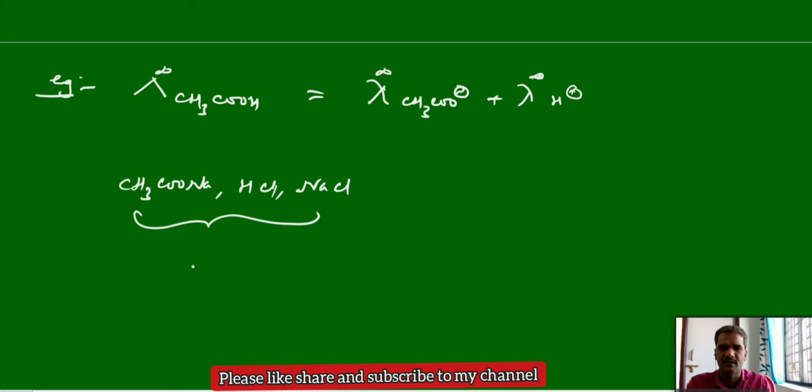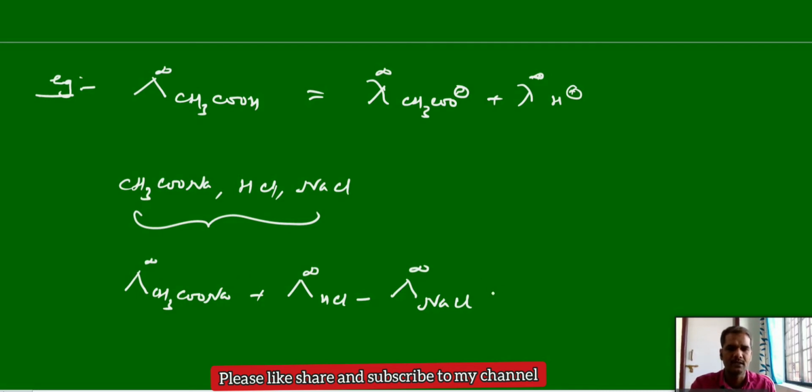And these values we can write like this. Molar conductance of sodium acetate at infinite dilution plus molar conductance of HCl at infinite dilution minus molar conductance of NaCl at infinite dilution, that is equals to.